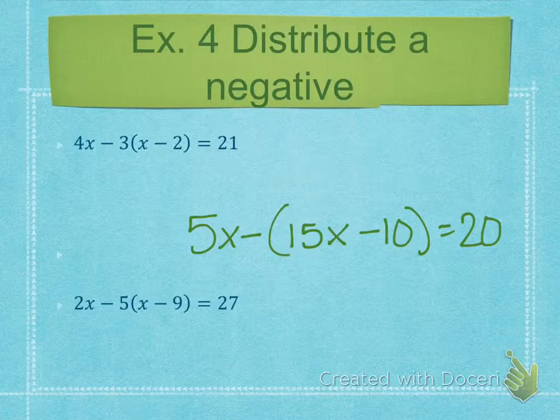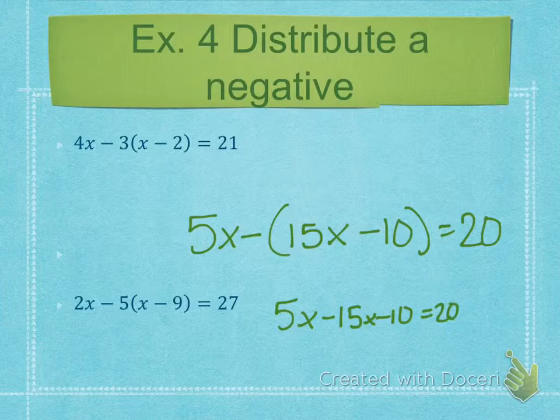Samantha? The negative sign, okay? You say, okay, that's just a really random negative sign sitting out there on the outside of parentheses. Guess what is there that they did not have to write? An understood one. What they're trying to do there is they're trying to see if you're paying attention, trip you up, because a lot of people will go, oh, okay, that just means it's 5x minus 15x minus 10 equals 20.